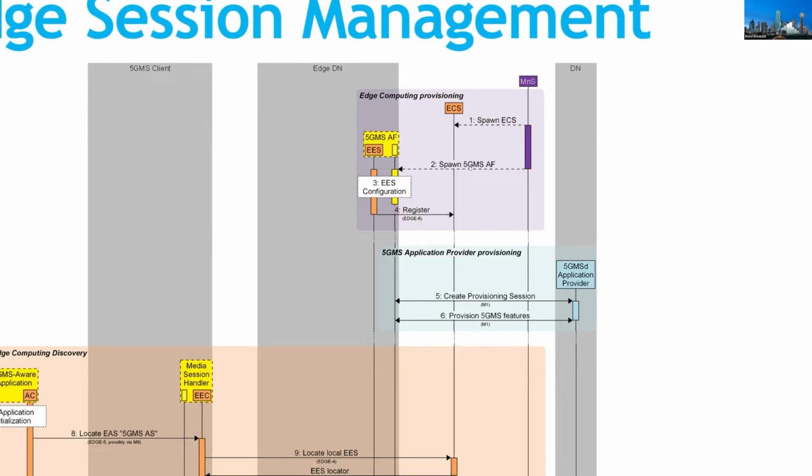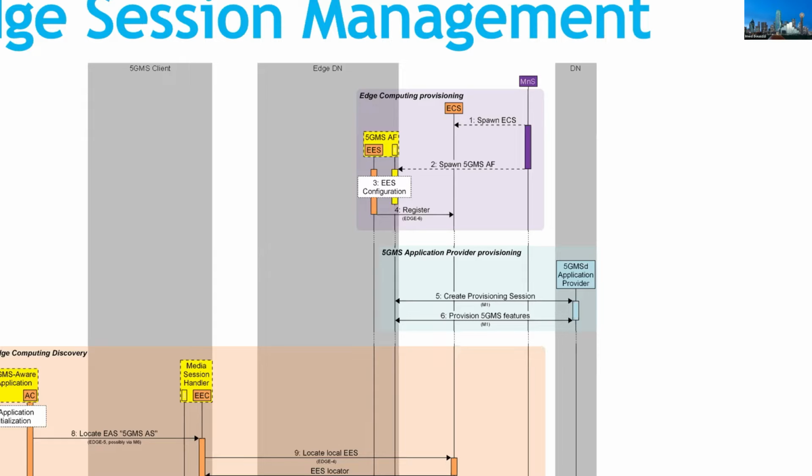So you can basically configure your data centers and spawn new instances of the Edge application servers on need basis. So you could think of an operator always trying to keep a certain amount of Edge application servers up and running for a particular application, idle and waiting for clients to connect.